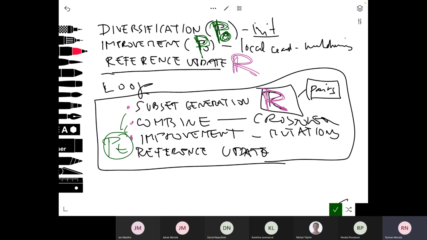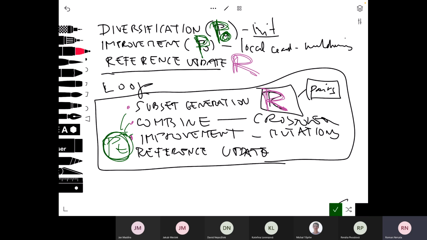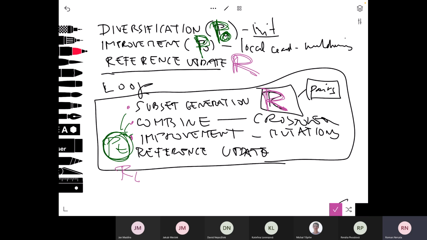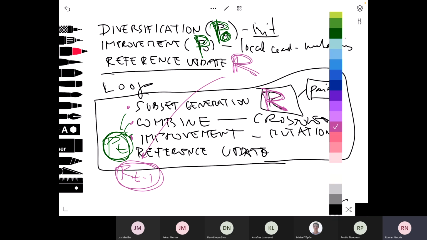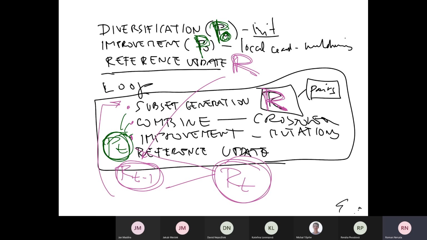So the PT is created by this. Then we use the PT and the R T minus 1, that's this one, right? To create a new RT. And we're going back, right?